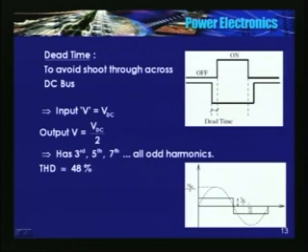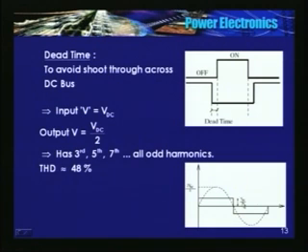If VDC by 2 is the magnitude of the square wave, then 2 VDC by pi is the magnitude of the fundamental. The rest are higher frequency components.